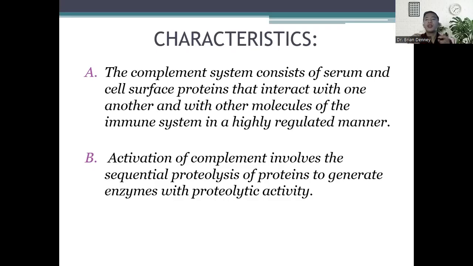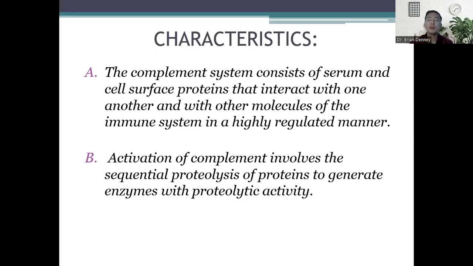Those proteins in the circulation and those proteins that are cell bound are actually inactive. But for these complement proteins to perform their function, that is to destroy invading antigens or foreign cells, they have to be activated. And how do we activate these zymogens now? By the process of proteolysis.